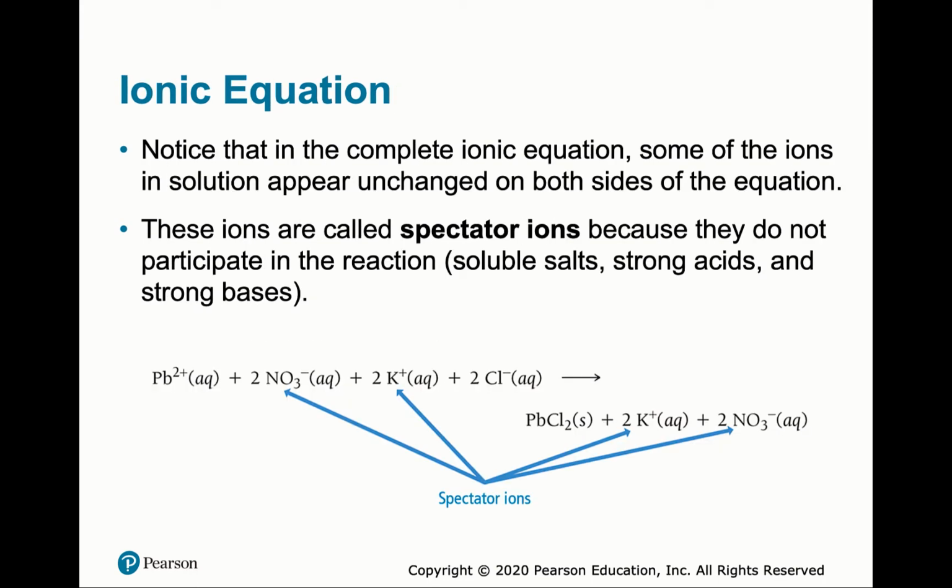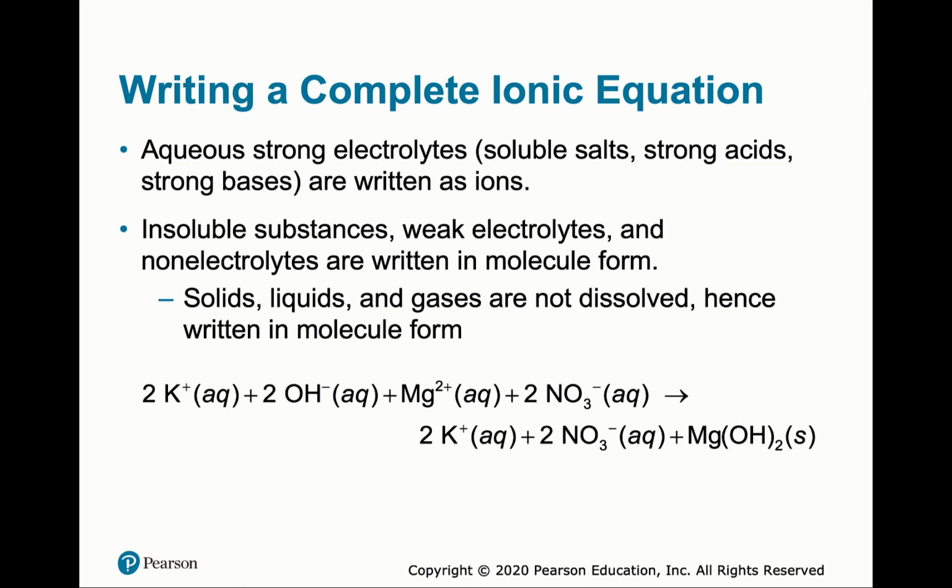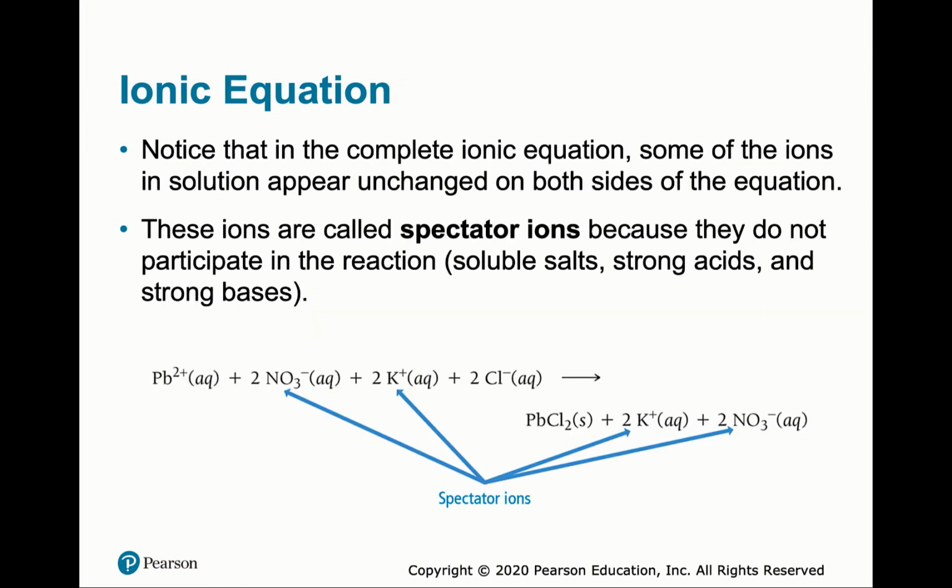But notice something. For here, the potassium and nitrate, they're on both sides of the equation. We call these spectator ions. So in the complete ionic equation, when you see ions on both sides of the equation, these are known as spectator ions because they don't directly participate in the reaction.